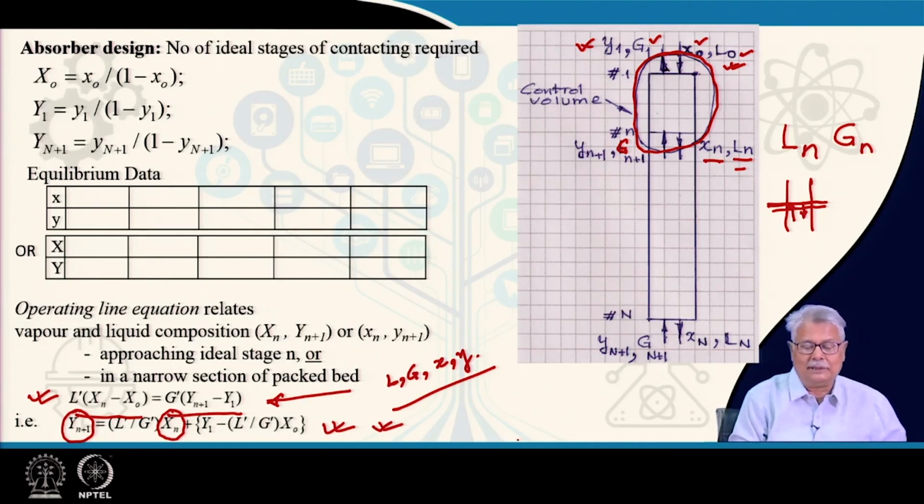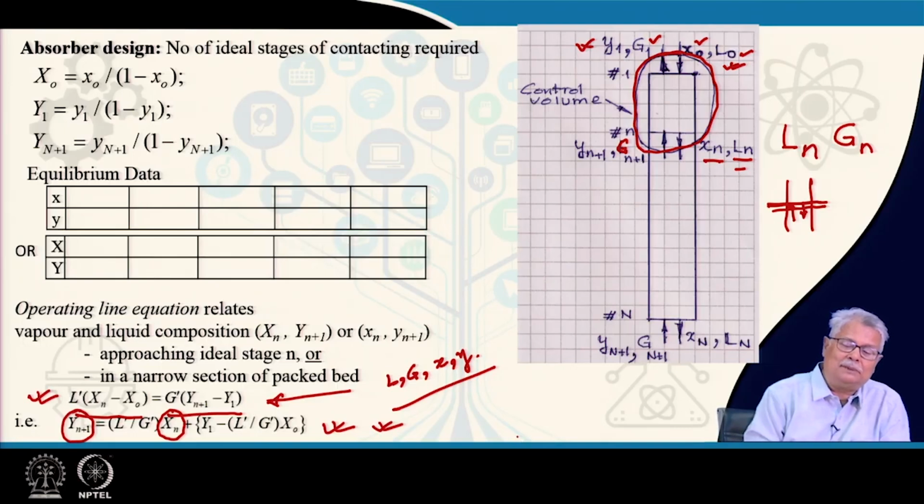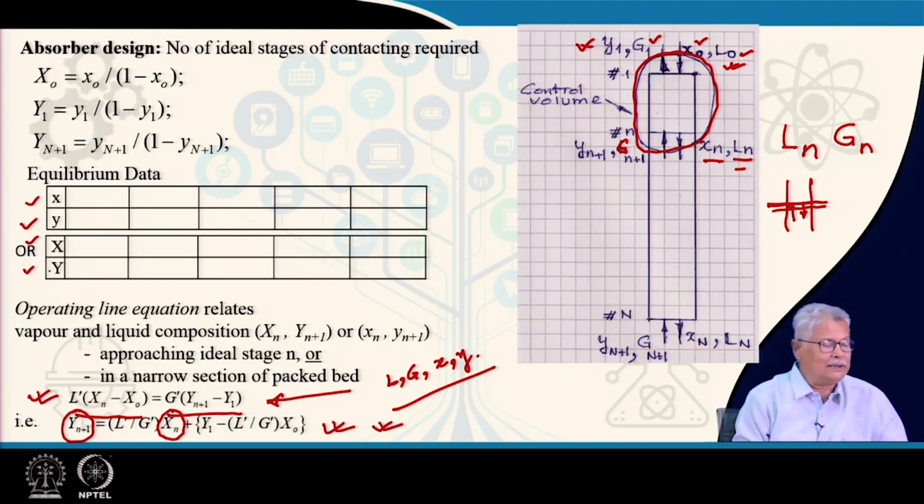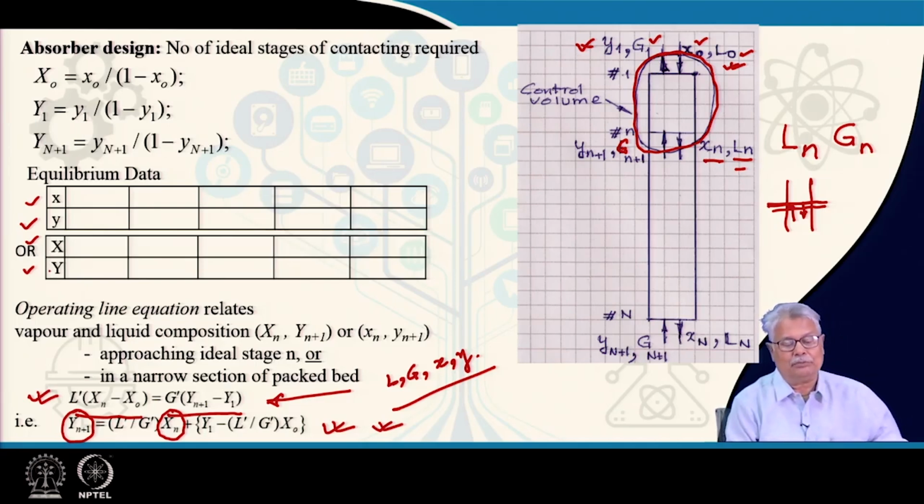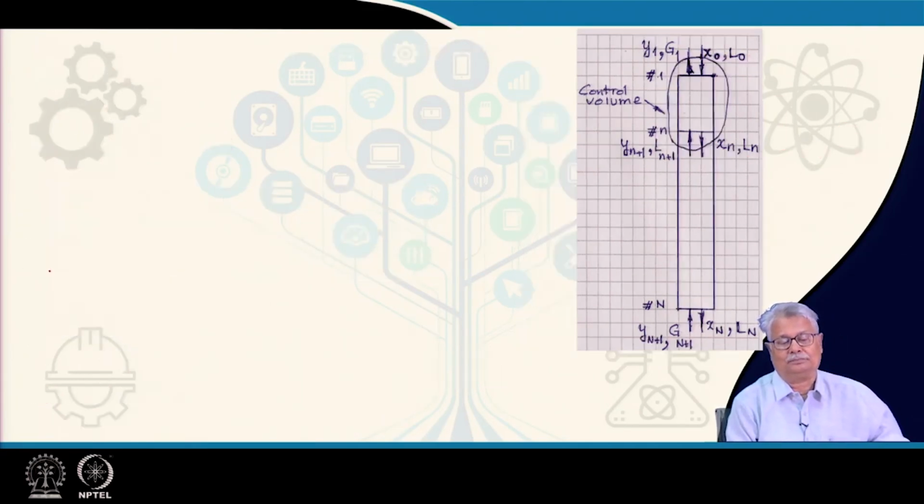What we do now is move forward and look at the data available to me. I can have the equilibrium data at the average operating condition of the column in terms of either small x and y or capital X and Y. We know the interchangeable formula: if I have small x, small y, I can convert to capital X, capital Y, or the other way around.